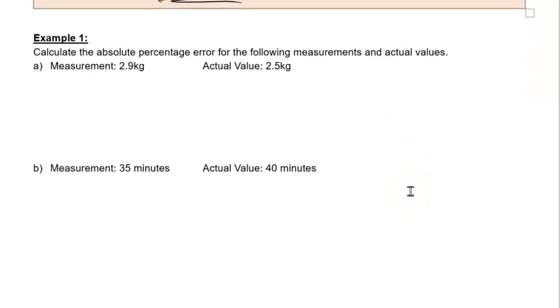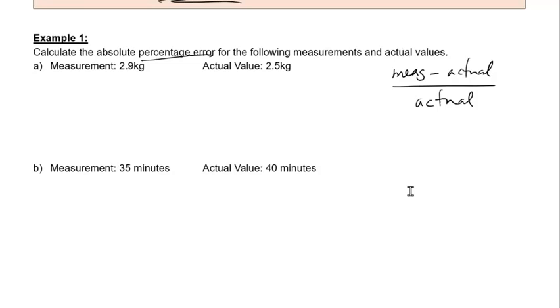So calculate the absolute percentage error. So percentage error is going to be measured minus actual, right? So that is the difference between those two over the actual. So what is that difference out of the actual?